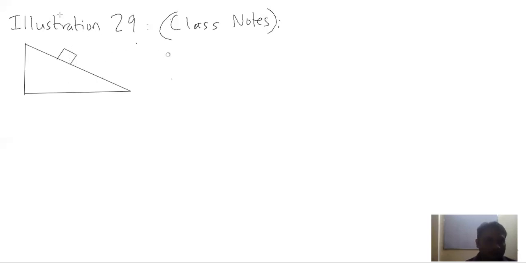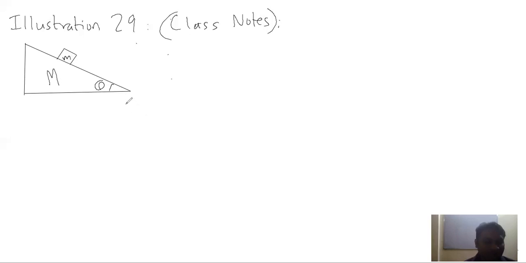The mass of the wedge is capital M and the mass of the block on it is small m, and this is angle theta. Let us consider a block of mass small m placed on the inclined surface of a wedge as shown in the figure.